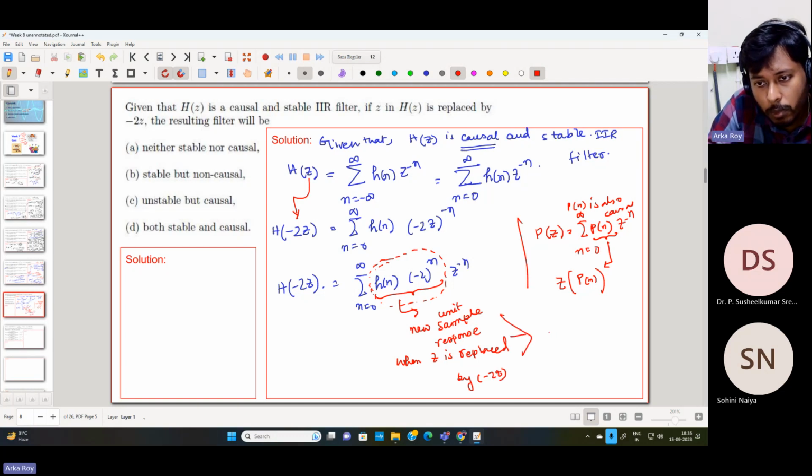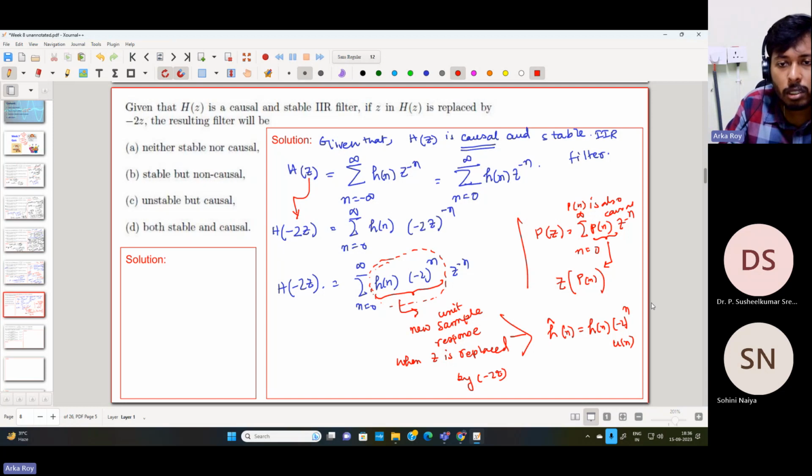So then let us consider it is h cap of n. So this is h of n times minus 2 to the power n, and because we are actually working on the right hand side of the samples, there is a multiplication of u of n, because u of n basically gives you the flavor of causality.